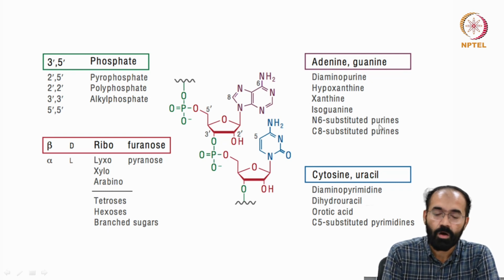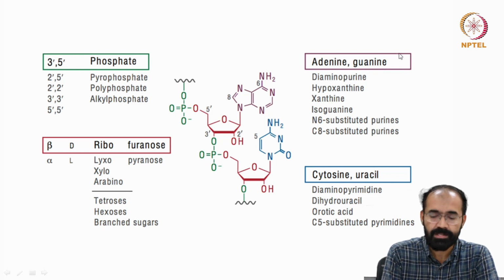And remember, of all these purines that are formed, only adenine and guanine are circled, and you can guess why it is so.